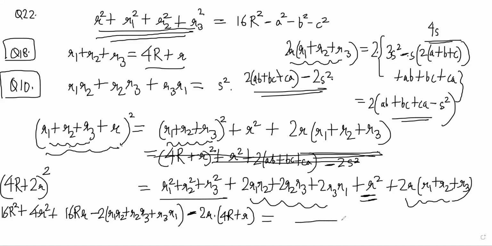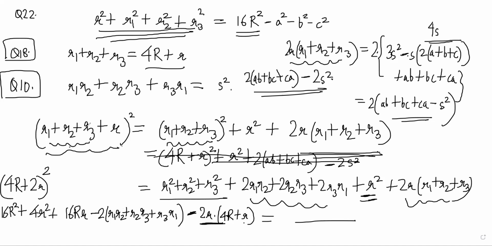Is equal to what we need as the LHS. So here this becomes minus 8Rr and this becomes minus 2r square, so you get plus 2r square and 8Rr. Okay, so we are getting close.